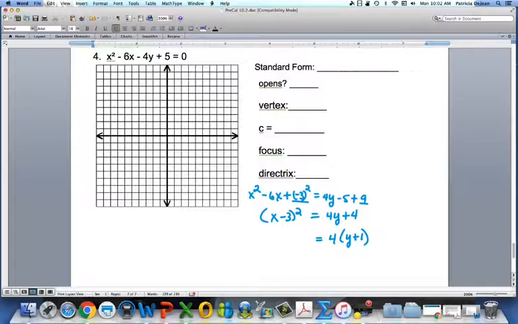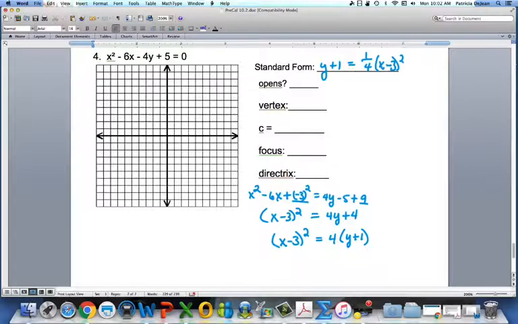And so when we write it up in our standard form, we'll have y plus 1 is equal to 1/4 x minus 3 squared.